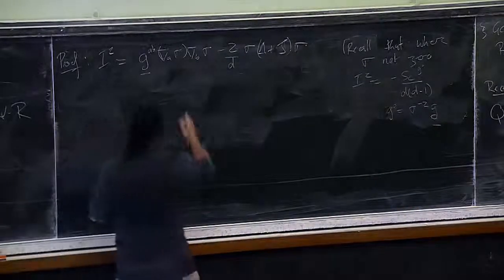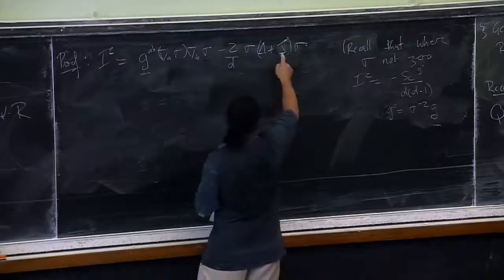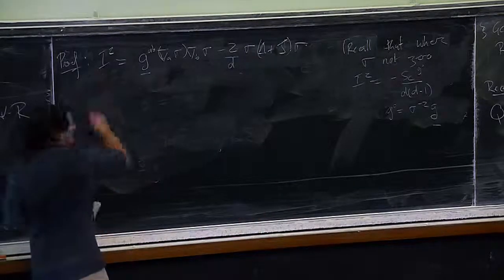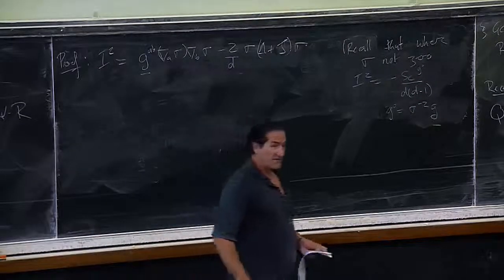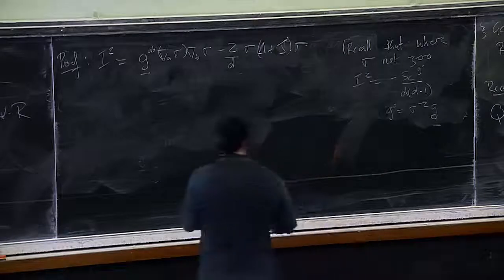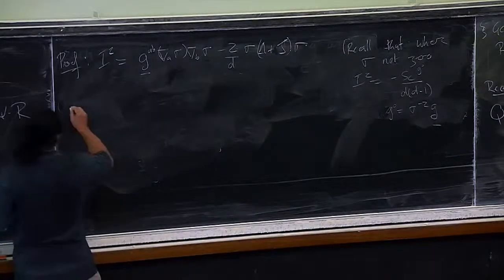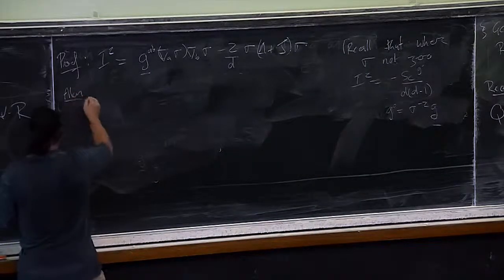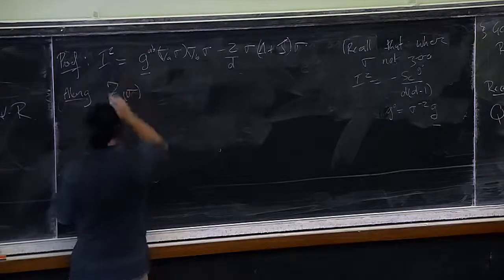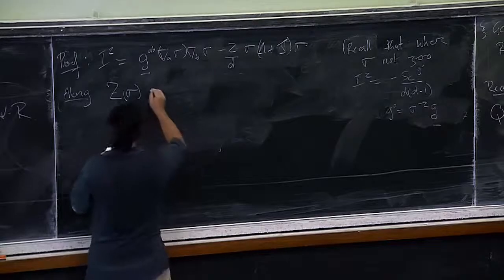That's because these terms drop out, and it's just that term surviving. So basically, this is the scalar curvature, except slightly generalized, because it applies where sigma is 0.